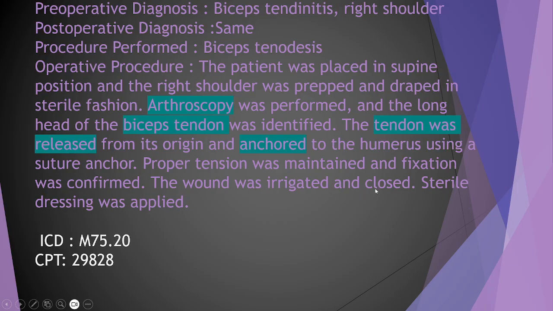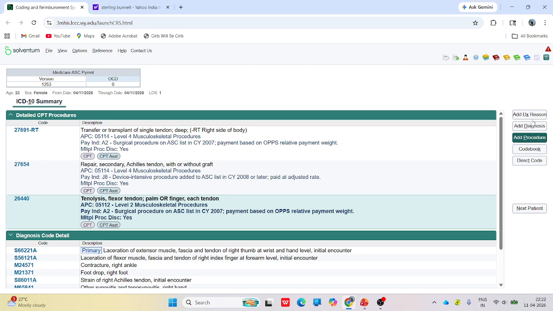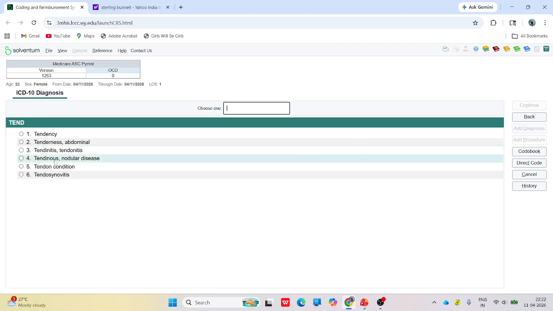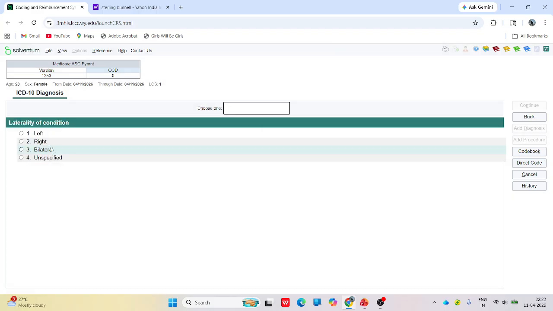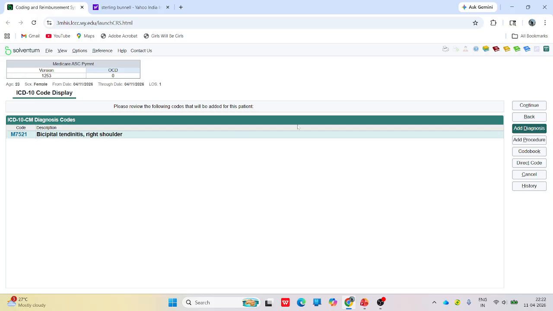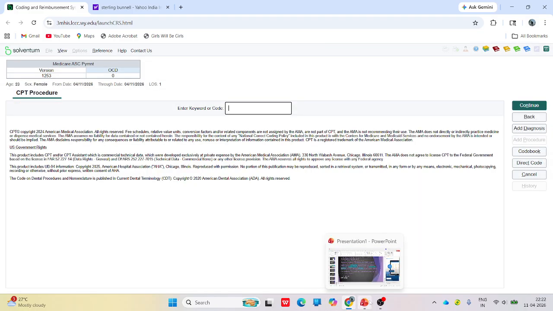So let's see the navigation. So it's a biceps tendinitis, right shoulder. Tendinitis. So it's bicipital, right. M75.21 is bicipital tendinitis, right shoulder, and the procedure is what?